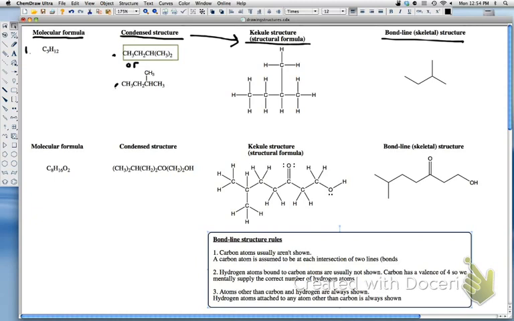In the condensed structure, we start off with a methyl group, a CH3. What we have to remember is that hydrogen makes one bond while carbon makes four. So the key is remembering that the connectivity is from carbon atom to carbon atom, and that's what we see here.